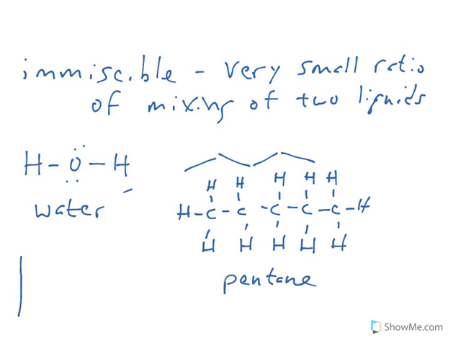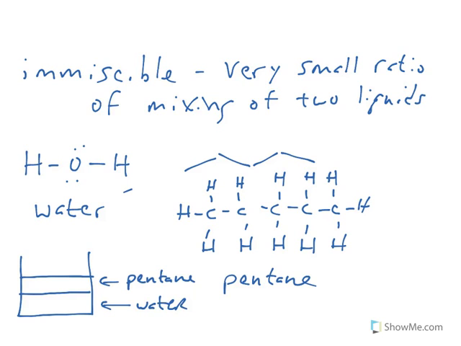All right, in fact, a mixture, if you will, of water and pentane would look like this, where you would have pentane on top because it's less dense than water, and water on the bottom, and they would separate out into like an oil-water layer. All right, so that is the definition of a liquid being immiscible with another one.